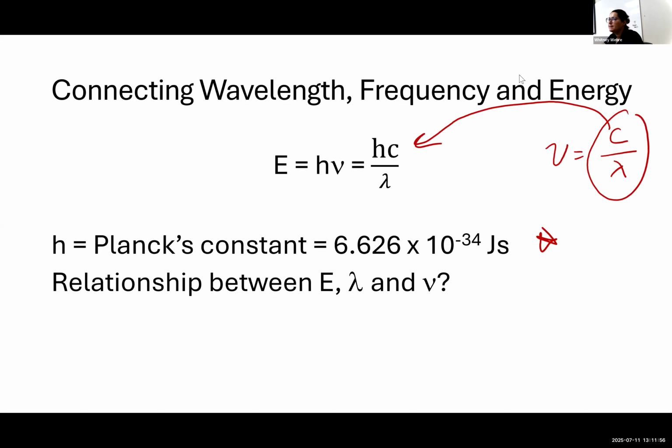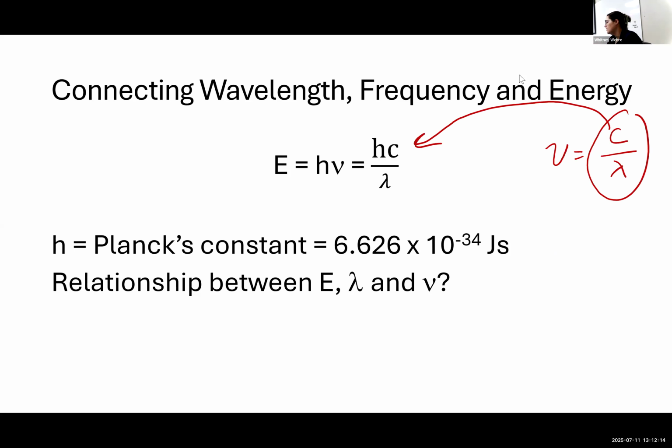Because I'll tell you now, sometimes you're given frequency and sometimes you're given wavelength. And you don't need to have both to answer the problem, you just need one. So energy equals Planck's constant times frequency, or Planck's constant times speed of light divided by lambda. Okay.